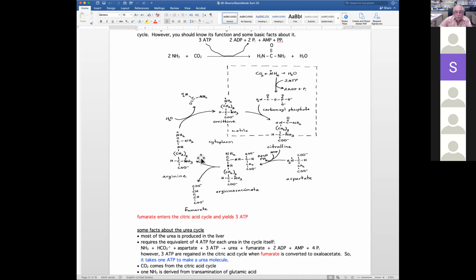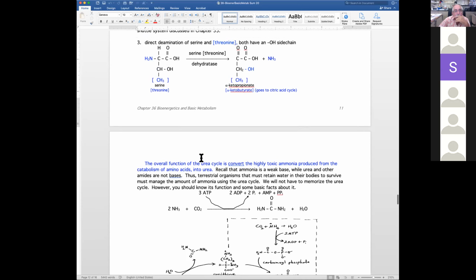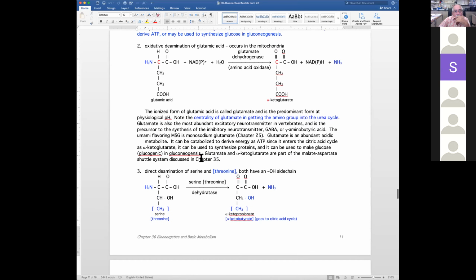I have a question about the number 2, oxidative deamination of glutamic acid. If glutamate is like the primary neurotransmitter, why would we want to break that down? Just for energy? Well, you don't want to have every glutamic acid used for that purpose, right?